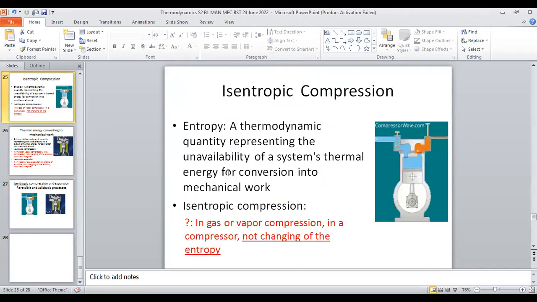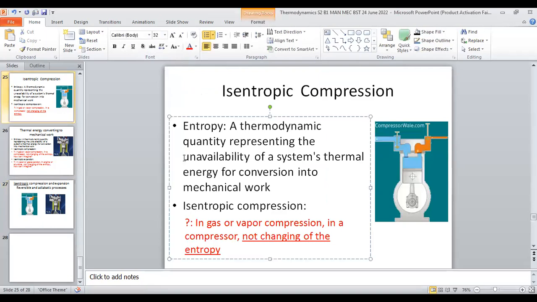So unchanging entropy means this will not be changing.